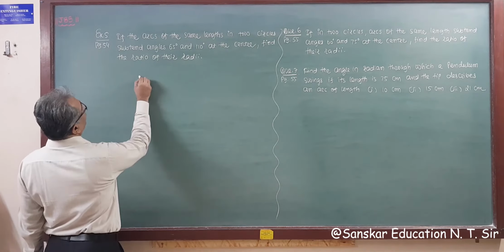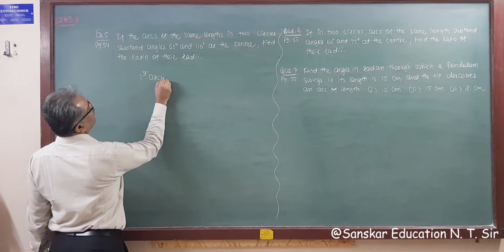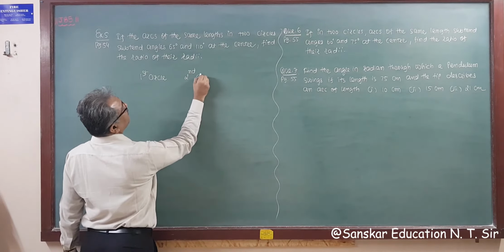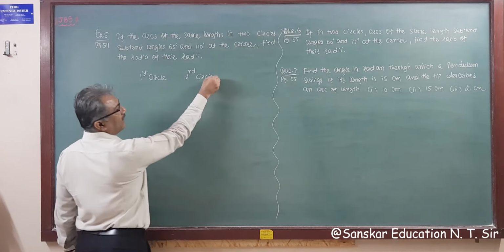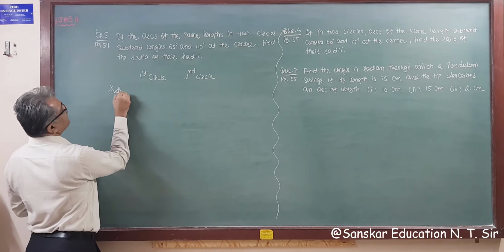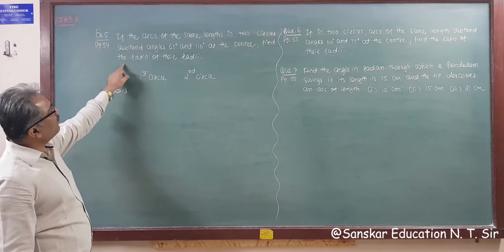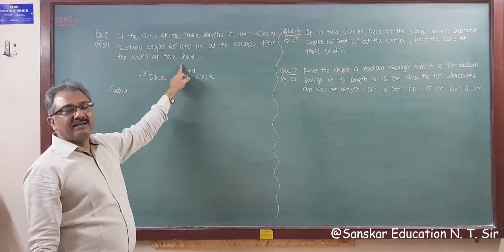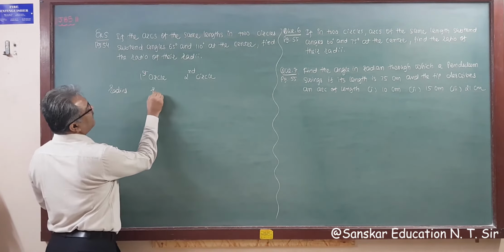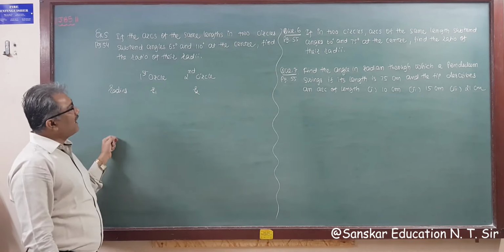So suppose this is the first circle and this is the second circle. We have to find out the ratio of their radii. So we assume that for the first circle radius is r1 and for the second circle radius is r2.